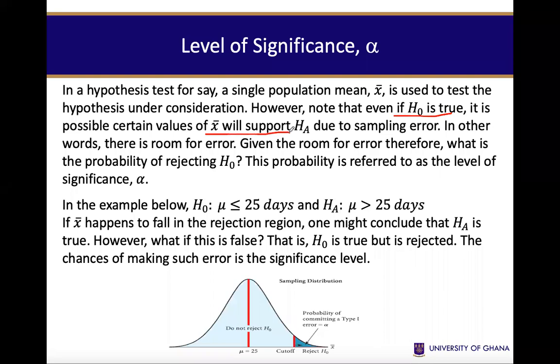As I said, the hypothesis test depends largely on the sample that you end up selecting. So your H naught could even be true, but because of the kind of sample you picked, the sample statistic will lead you to conclude in favor of the alternate hypothesis.